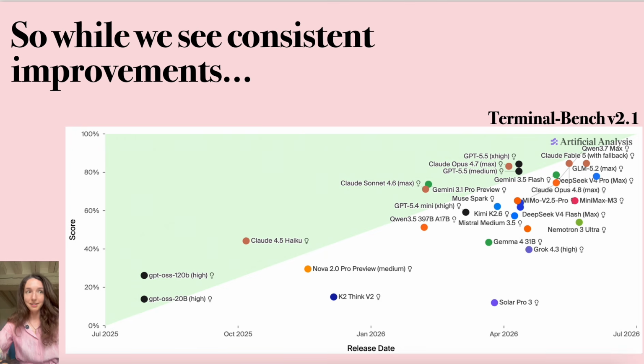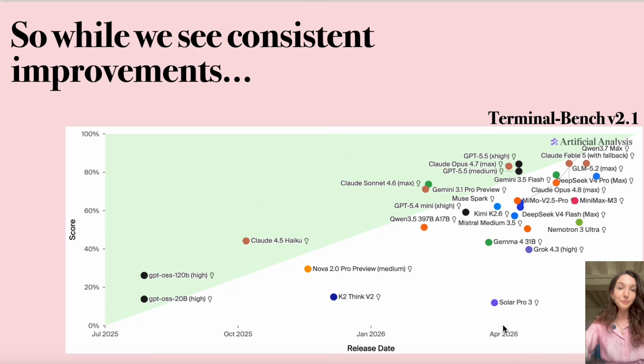My point is that while we see consistent improvements on the benchmarks, here I show, for example, Terminal Bench, and you see that from July 2025 to 2026, for every model that has been coming out, where the date is when the model was released, the performance on Terminal Bench has been following an upward trajectory, so improvements are seen.